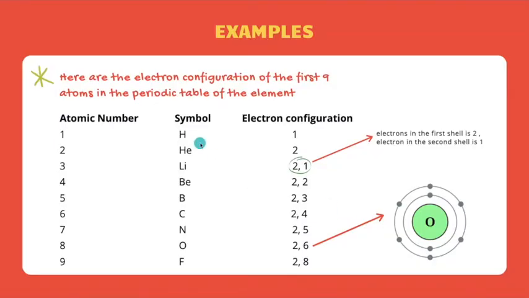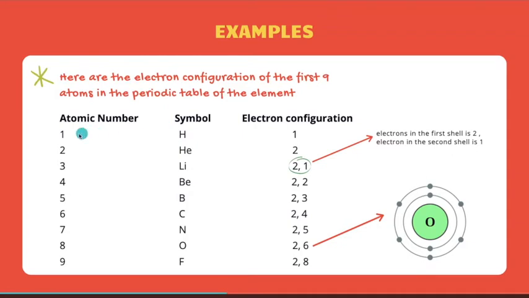From the first example, we have hydrogen with the atomic number of 1. If we only have 1 proton, it means we also only have 1 electron because it is a neutral atom.